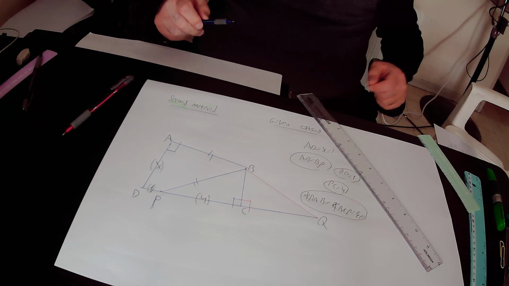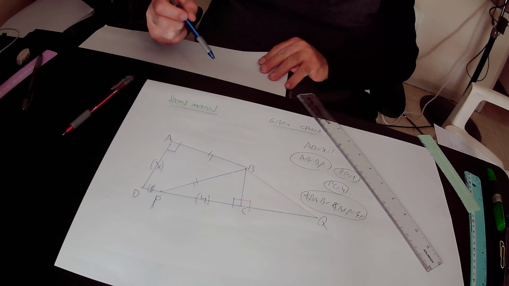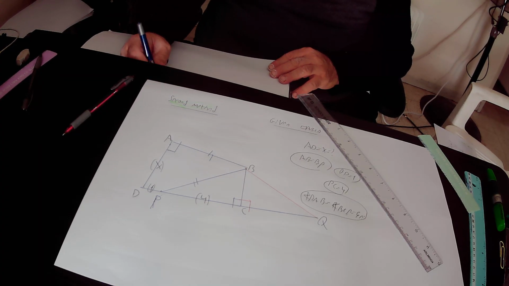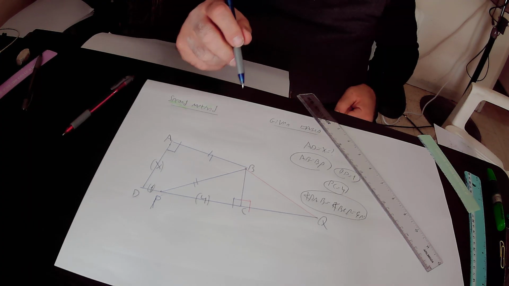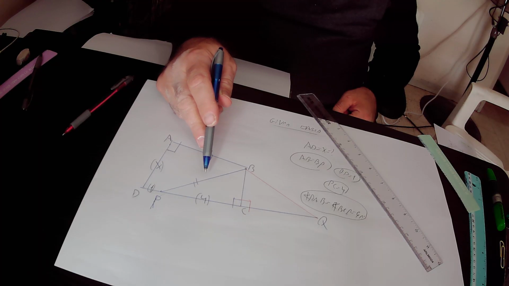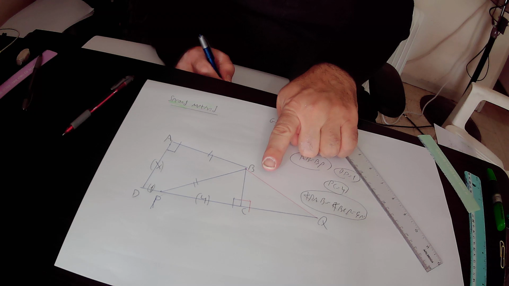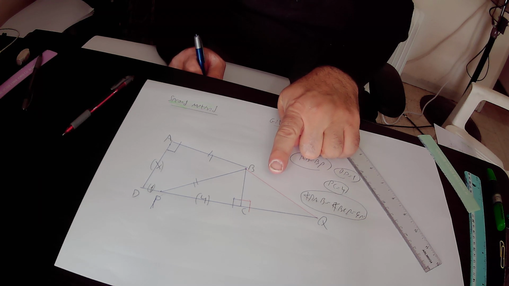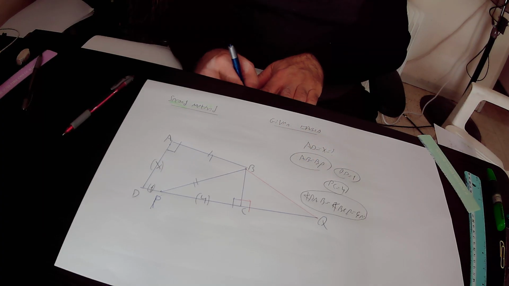So we have to prove that this right triangle PBC is congruent to this right triangle BCQ according to the side-angle-side rule.